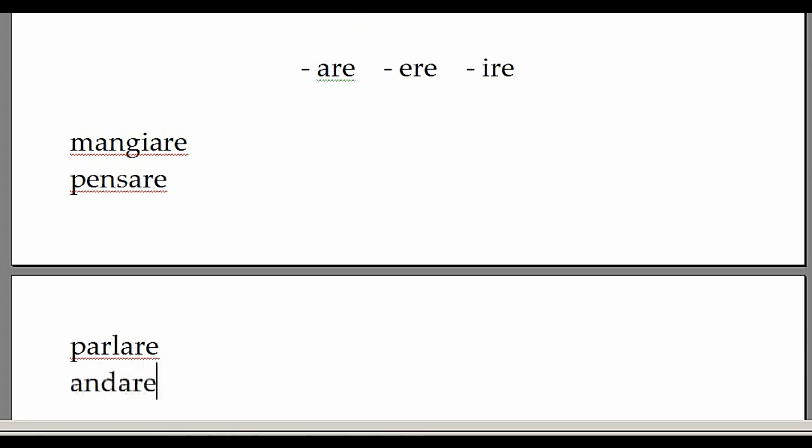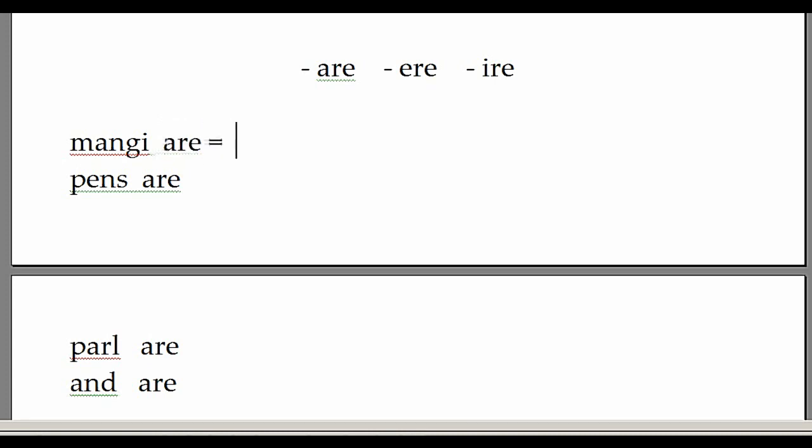And andare. Now, we know that the stem never changes, always remains the same. What changes in all the various conjugations, in all the forms, is always the ending. This is the ending for the infinitive. Mangiare means to eat.